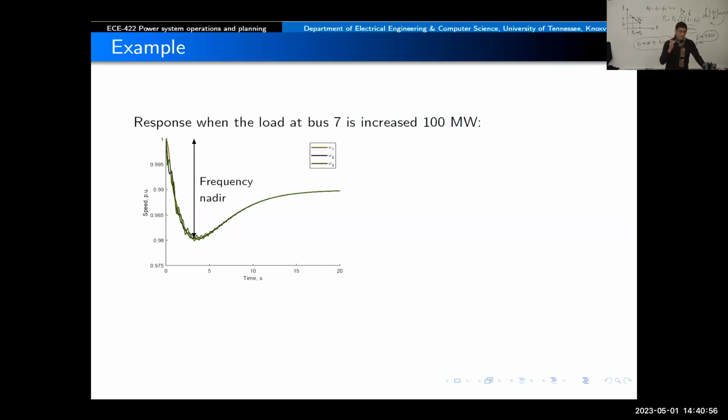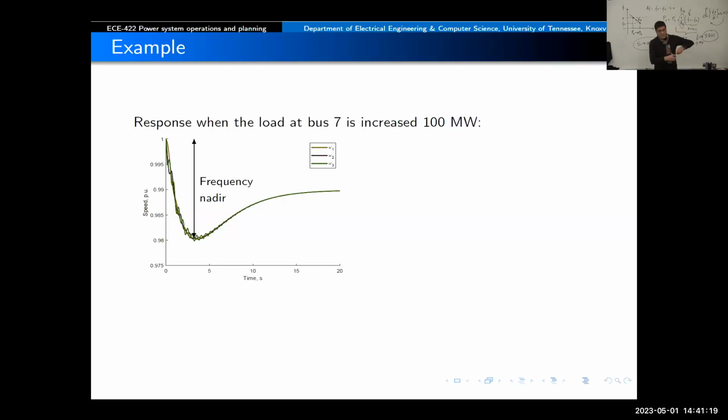In the lab of Dr. Gilles Liu, she has a real measurement of the frequency in the system. And you can see different disturbances in those systems. But you will be able to realize that this type of behavior is more frequent in the western interconnection. So that's a characteristic of a slow response for the system.